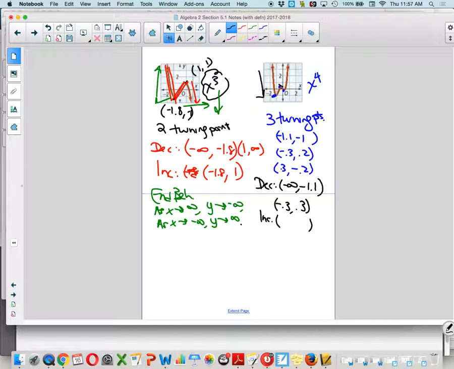Notice that I use the x values of the turning points to list the increasing and decreasing intervals. Pay close attention to my answers with where the negatives are, especially because that one I estimated is 0.3 and negative 0.3.